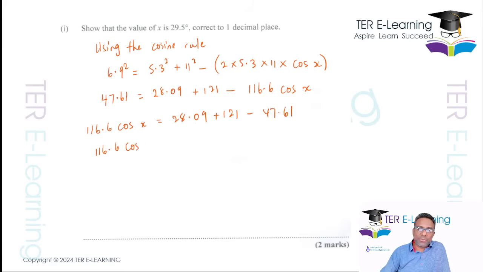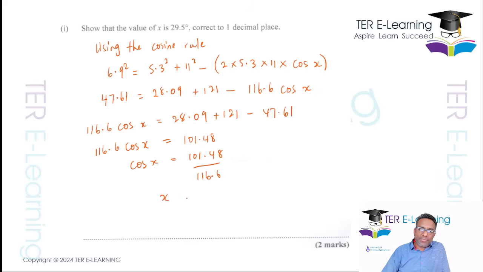116.6 cosine X is equal to 28.09 plus 121 minus 47.61, and you're going to get 101.48. So therefore cosine X is equal to 101.48 divided by 116.6.